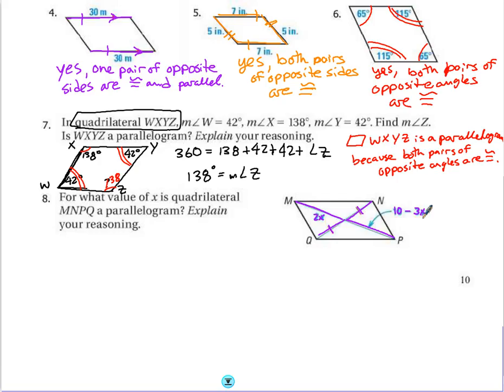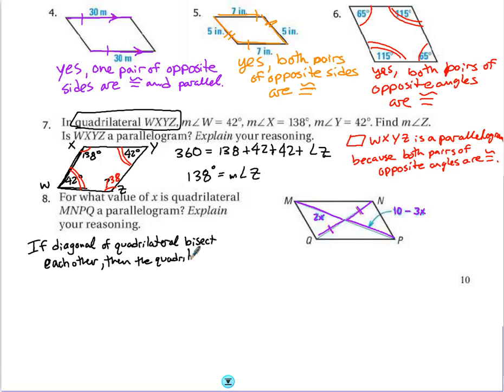So they're looking at the converse, they're saying if the diagonals of a quadrilateral bisect each other, then the quadrilateral is a parallelogram.